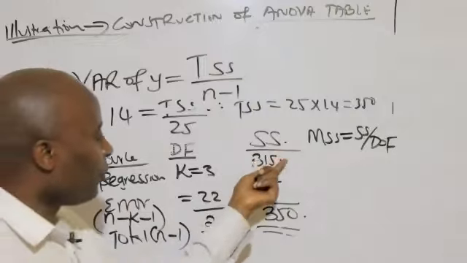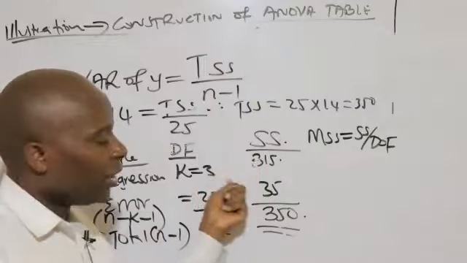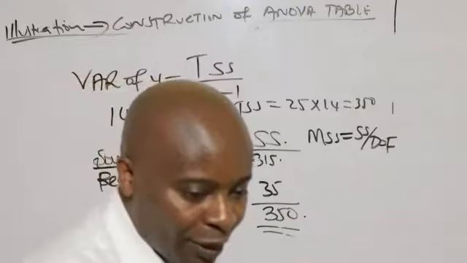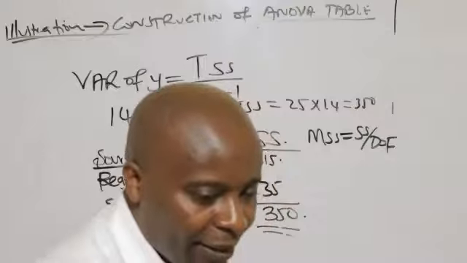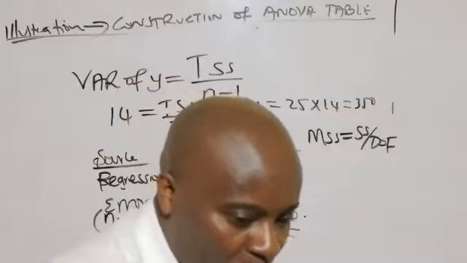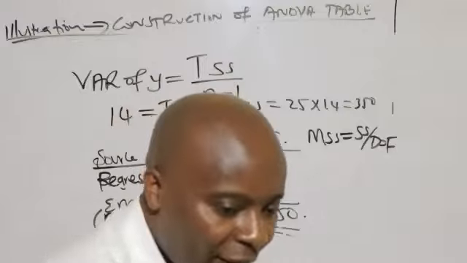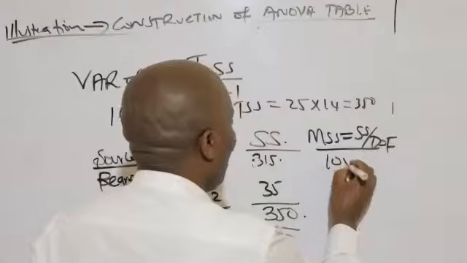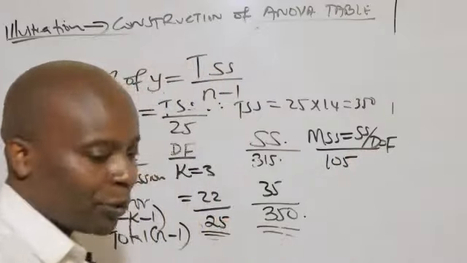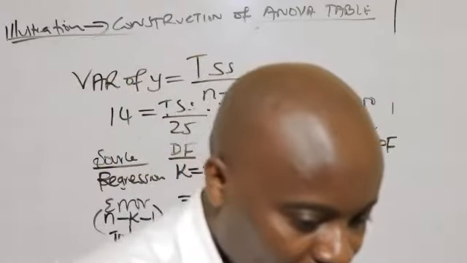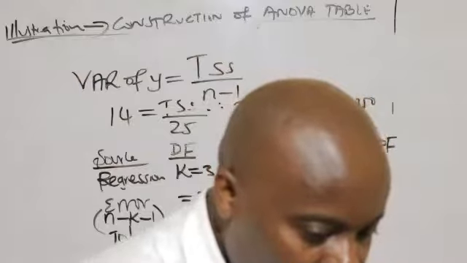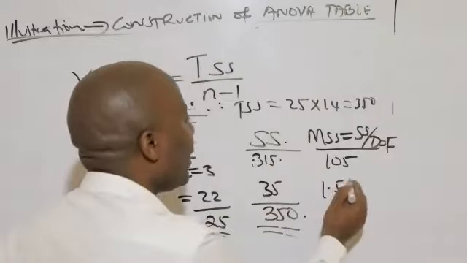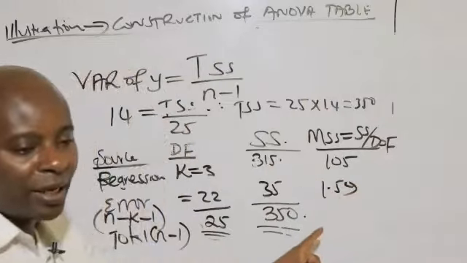You take 315 divided by the corresponding 3, which gives 105. What about 35 divided by 22? 1.59 or 1.6. 1.59 seems to be popular.